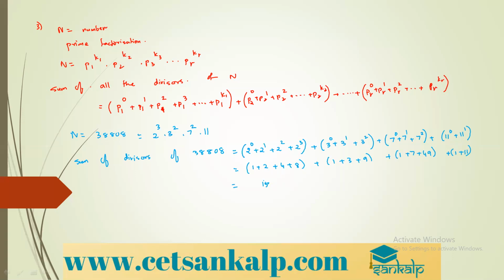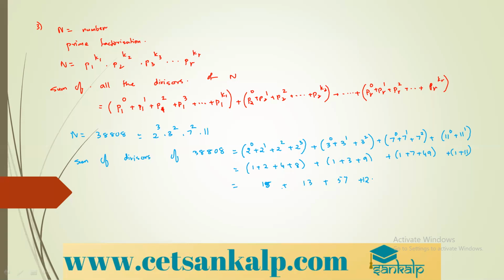The next is 1 plus 3 is 4, plus 9 is 13. The next is 8 plus 49, that is 57. And the last is 1 plus 11, that is 12.